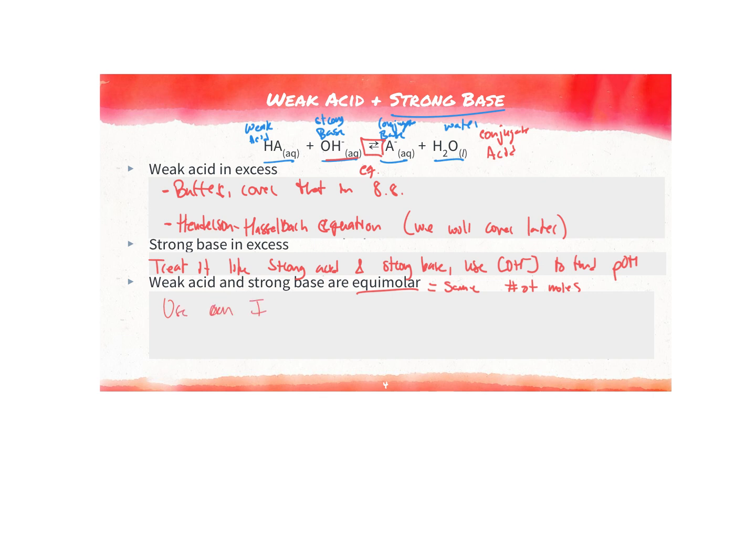So similar to how we did in 8.3, you're just going to end up using an ICE table, and you find Kb, and then from there we can calculate concentration of OH minus, which can get us to concentration of H plus, and of course from there we can find pH and pOH. So there's three different cases we're going to look at here. What you need to look at is which case you're under, and then from there, you're going to proceed in different directions. Again, we'll cover this top case later.